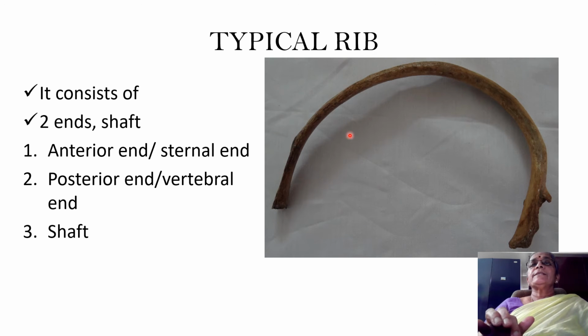Now you can see the typical rib having two ends, the sternal end and the vertebral end. Then this is the shaft of it.